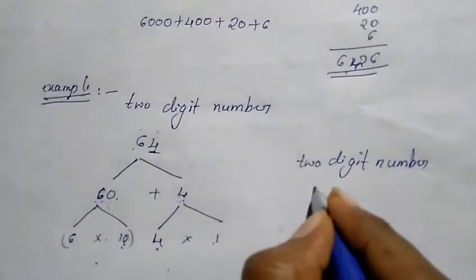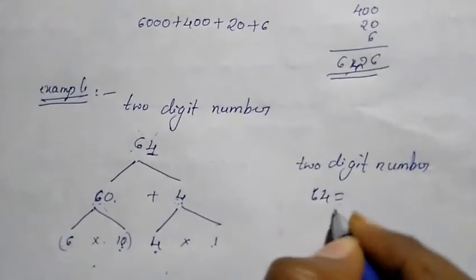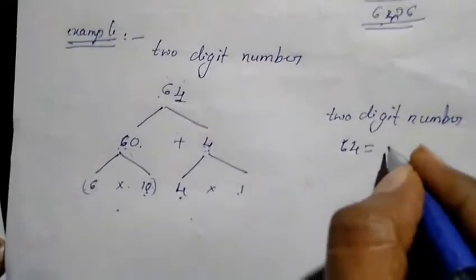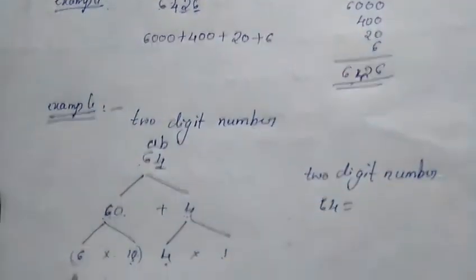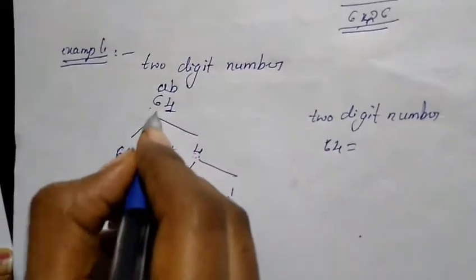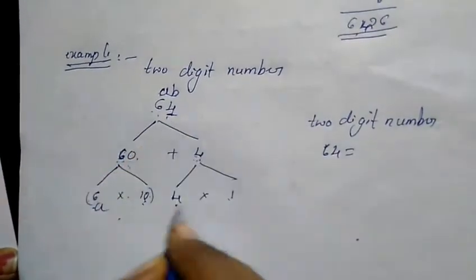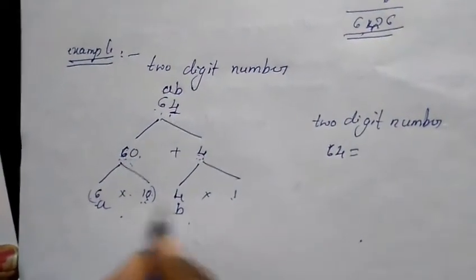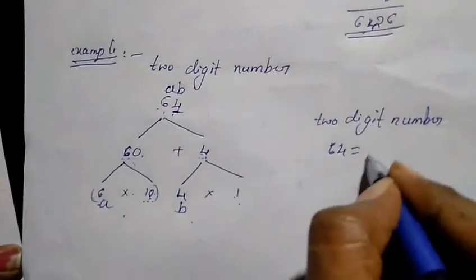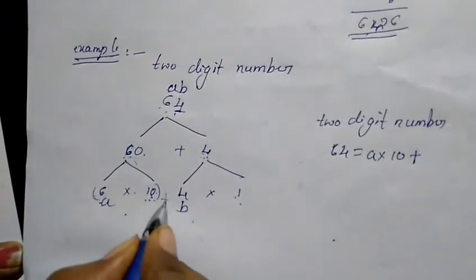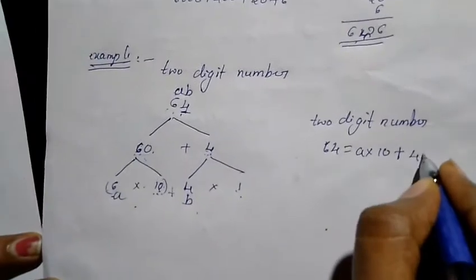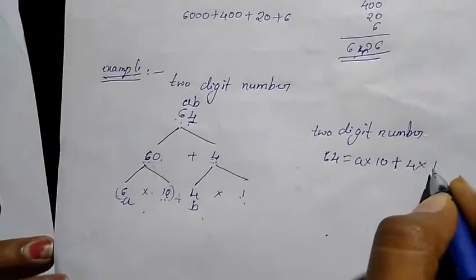For example, the 64 we took can be written in the form of an equation. How? Observe, consider the digits as A and B. A is 6, B is 4. What extra numbers came? 10 and 1, that you have to write. A into 10 plus B into 1.